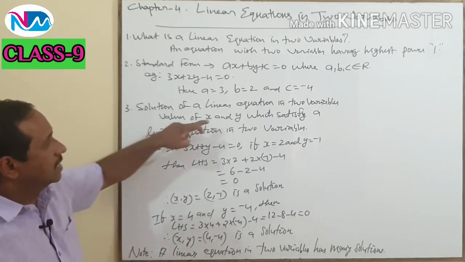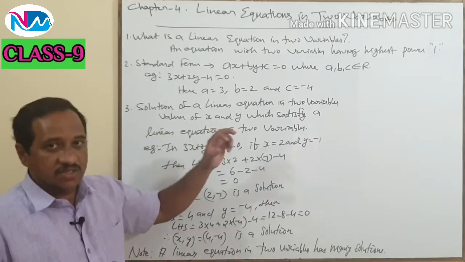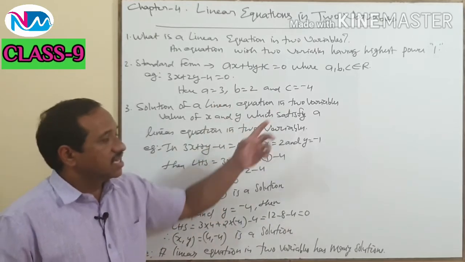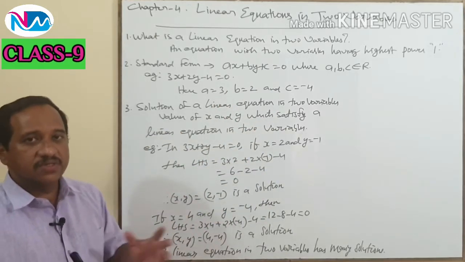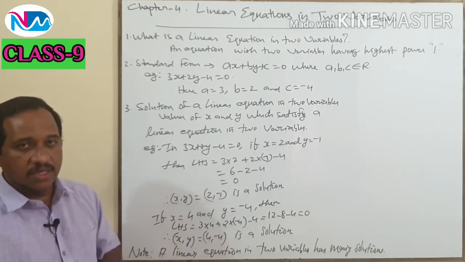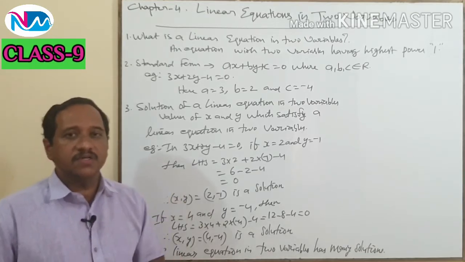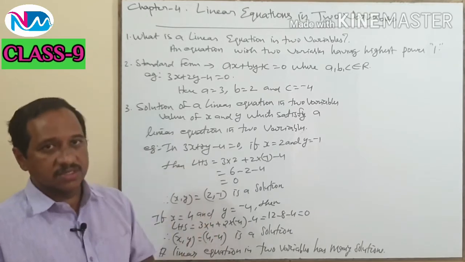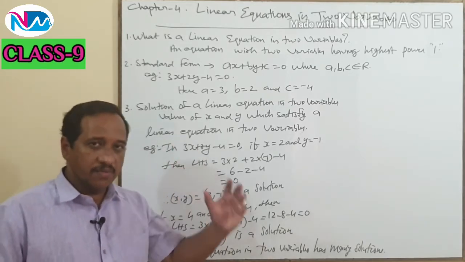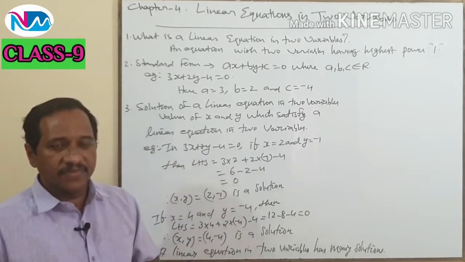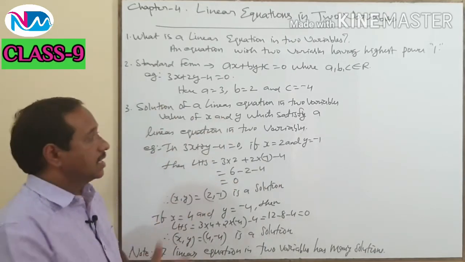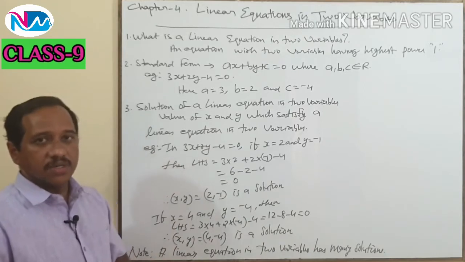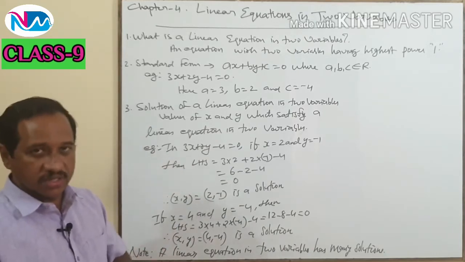Values of x and y, that is the variables which satisfy a linear equation in two variables, is called the solution. In a linear equation in two variables, there will be two variables. For example, if the variables are x and y, the values of x and y which satisfy a linear equation in two variables is called the solution.